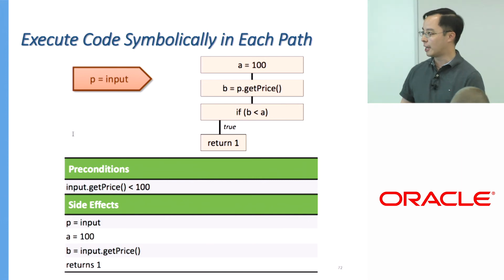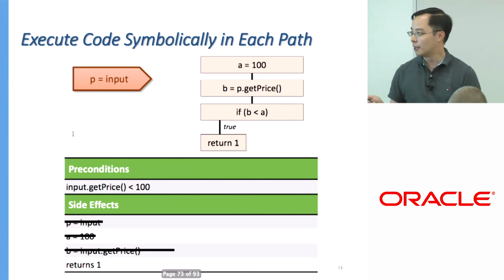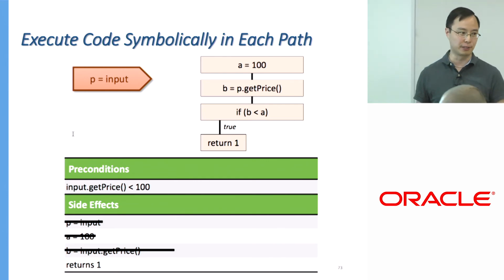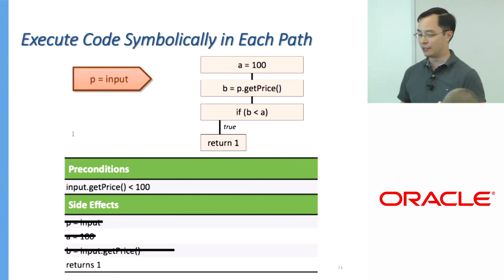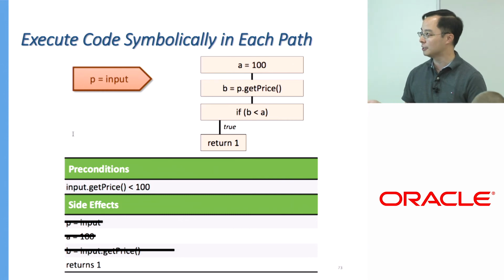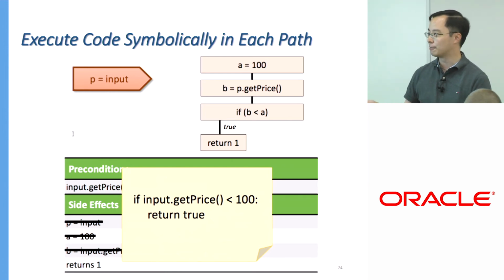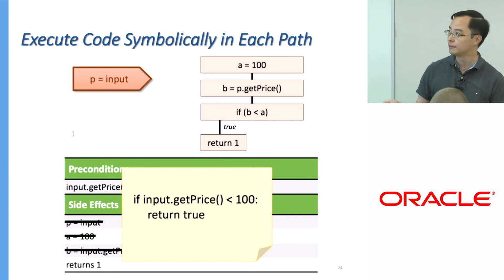So these are all the things that happen when we execute the path. Again, as before, the changes to local variables we can ignore because these local variables are discarded when we exit the function. So basically, from this symbolic execution, we see that the path is executed when the price of the input is less than 100, and when it is executed, it returns true.